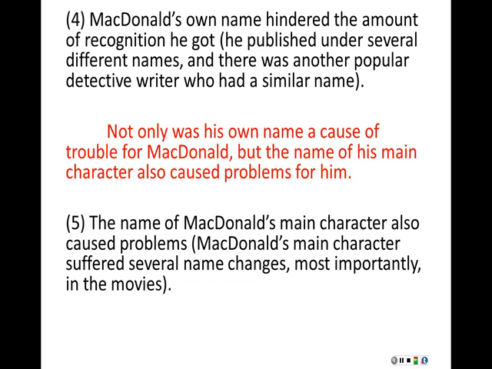And so there's a logical relation here. Both of these reasons have to do with name problems. On the one hand, you have the name of the author. On the other hand, you have the name of the main character. Rather than just an arbitrary transition, I'm showing that there's a thought relation between those two things, making the transition more interesting.